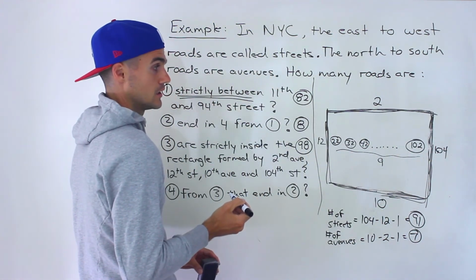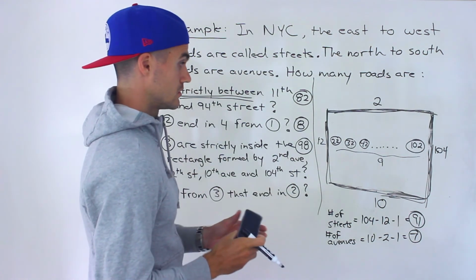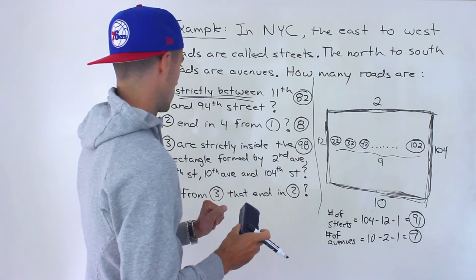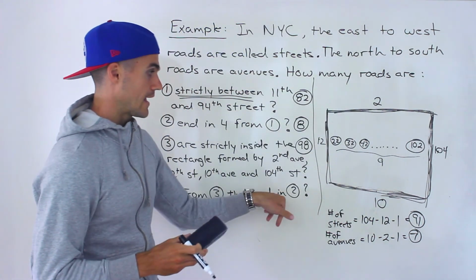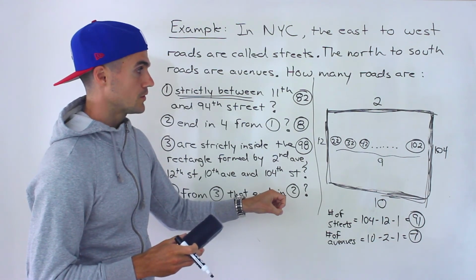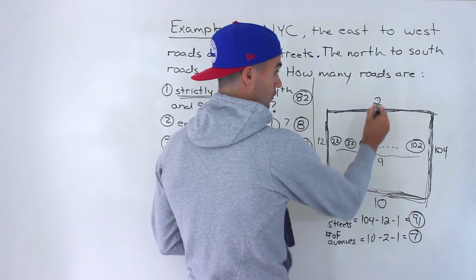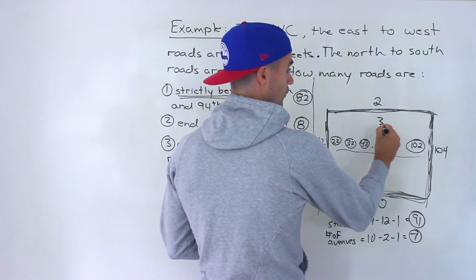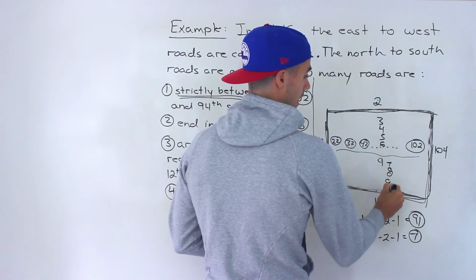And then the number of avenues between 2nd Avenue and 10th Avenue that end in 2, notice that there's actually going to be 0. Because from 2 to 10, it would be 3, 4, 5, 6, 7, 8, 9, 10.